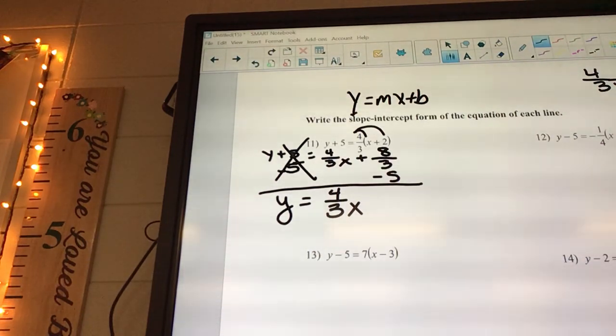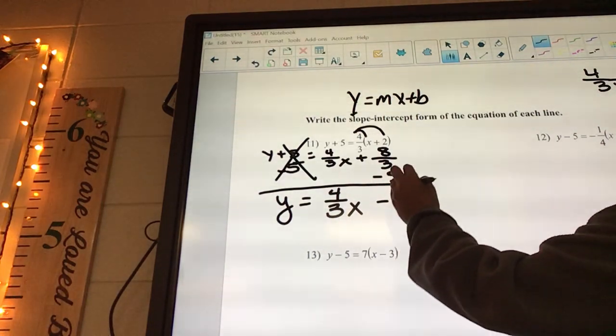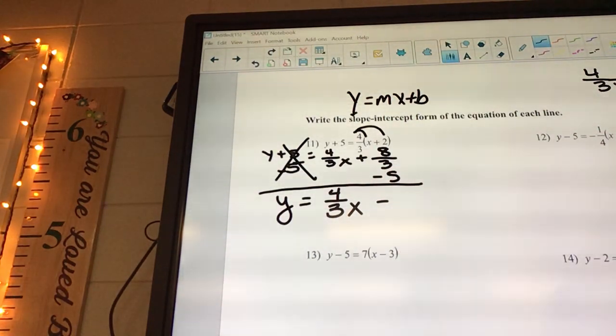What did you guys get? Negative. I don't know if that's right, but I got negative 7/3. That is not right. It's 8/3 minus 5, right? Yes. I don't know why I did my negatives. Then you must not have calculated right.